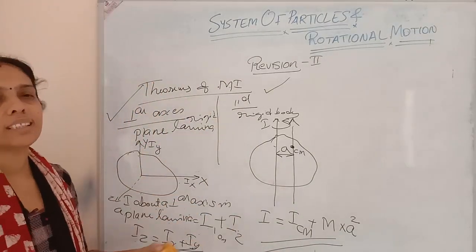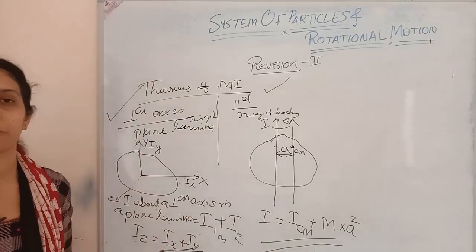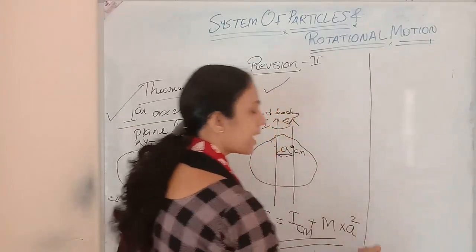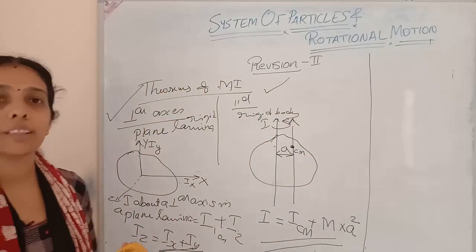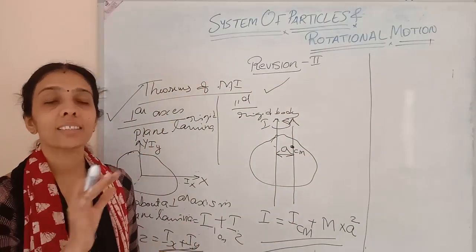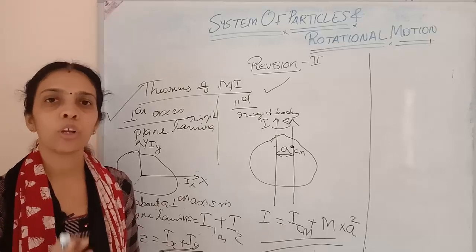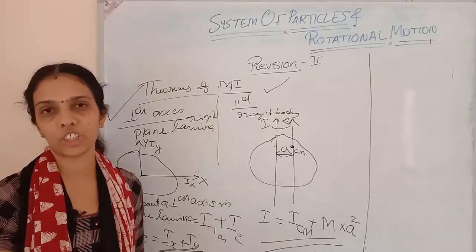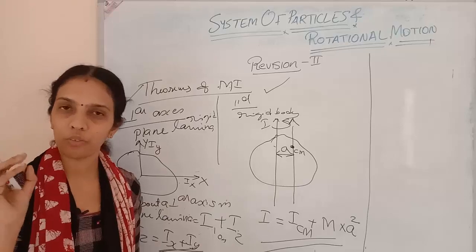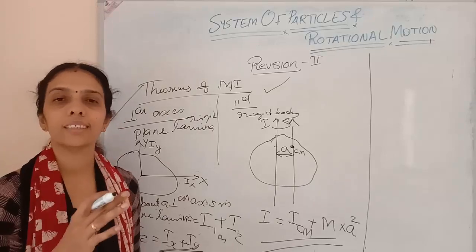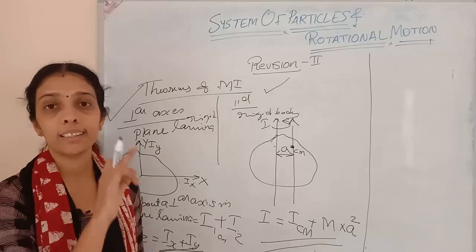Okay, clear? These two are the theorems of moment of inertia, and some numerical solved examples are there in the question paper in your textbook, and one full column is given in your textbook for referring to the moments of inertia. Moment of inertia of a disc, a rod, a cylinder, all those are given in a table.